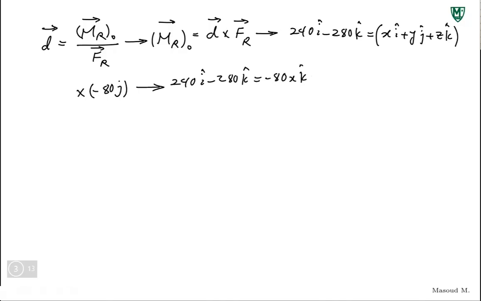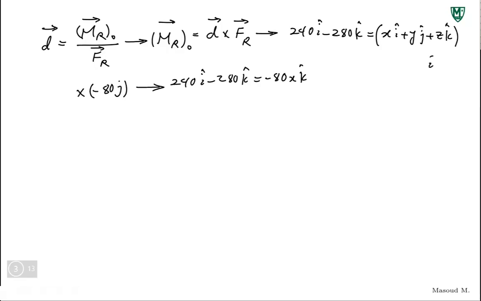80xk, which comes from the multiplication of i and j. The cross product of j and j, they're two parallel unit vectors, nothing comes out of it, it is 0. And you remember we talked about the cross product of unit vectors. Here k and j becomes negative.